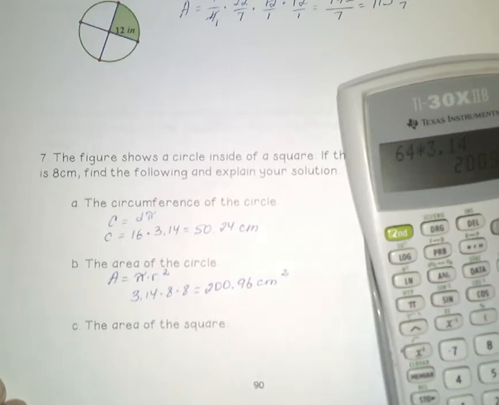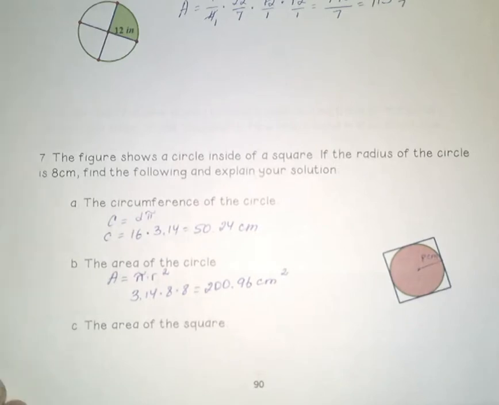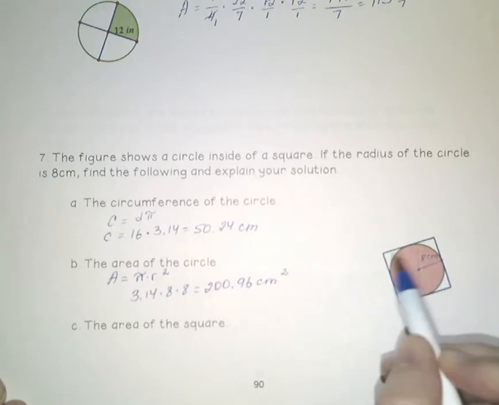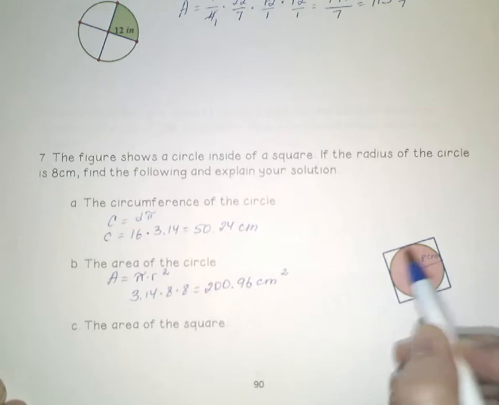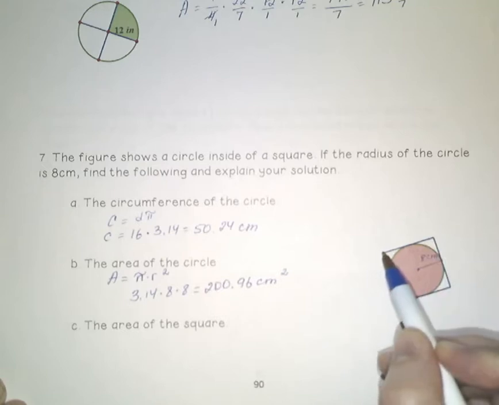The last one here, I need to find the area of the square, which is different than the area of the circle. If I look at the picture, I see that the half of the side of a square is 8, so whole side of the square will be the diameter of the circle, which is 16, right?